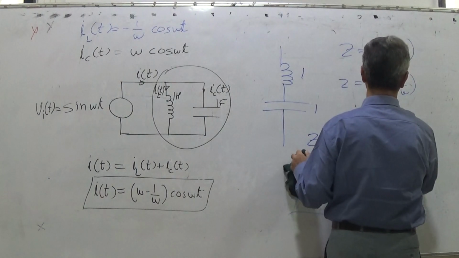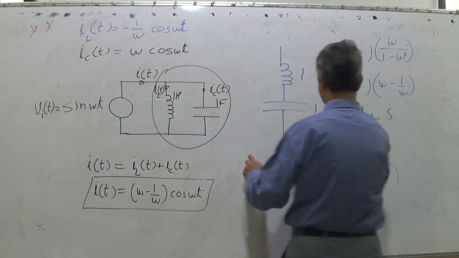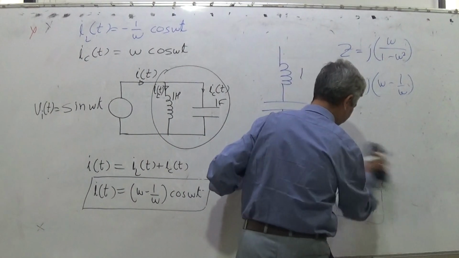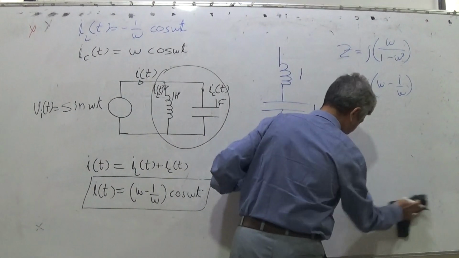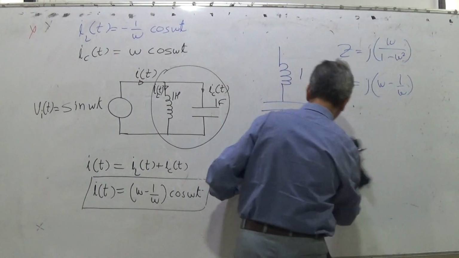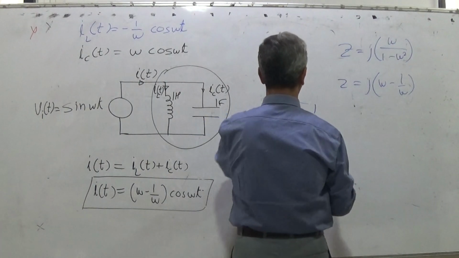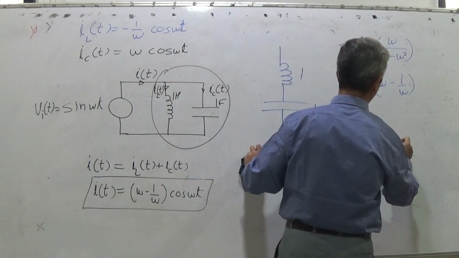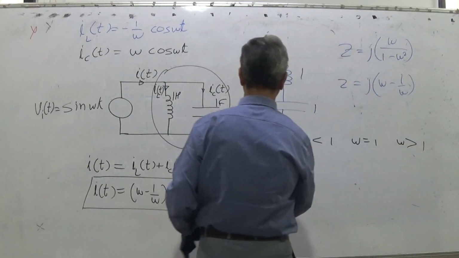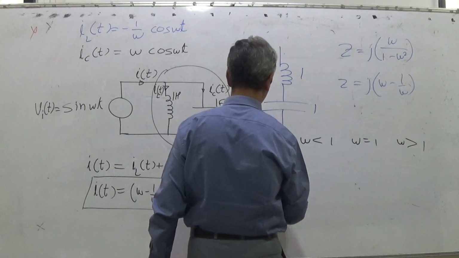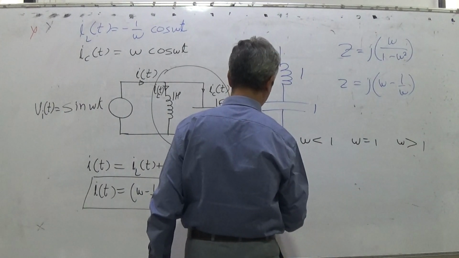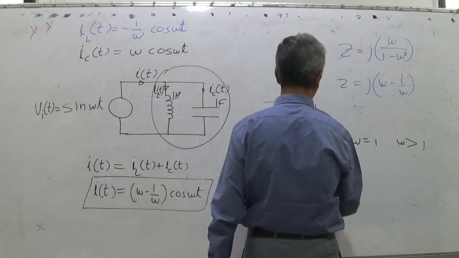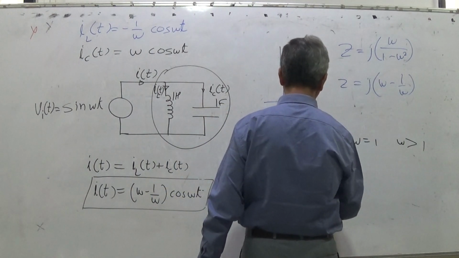LC series. So I can write omega less than 1, omega equal to 1, omega more than 1, for the LC series circuit and the LC parallel circuit. For the LC series circuit, omega less than 1, impedance is capacitive.